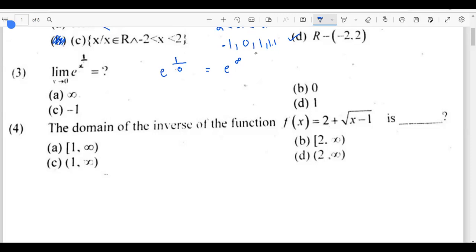And let's just cube this number. Perfect. So this is basically going to give you infinity.